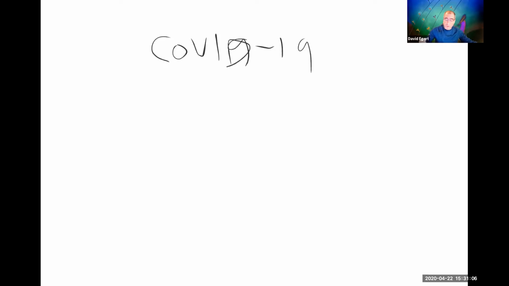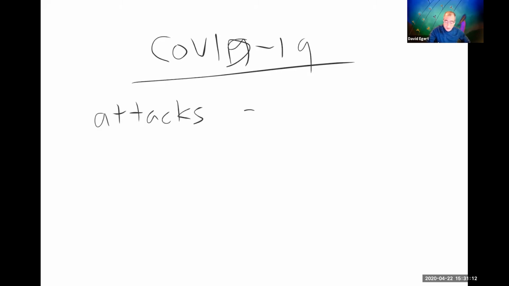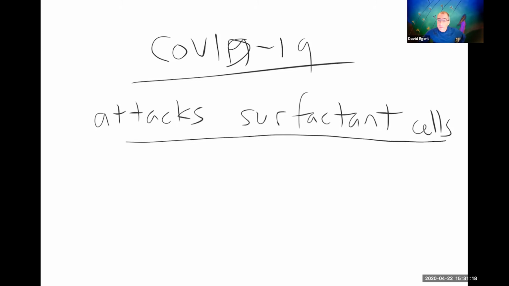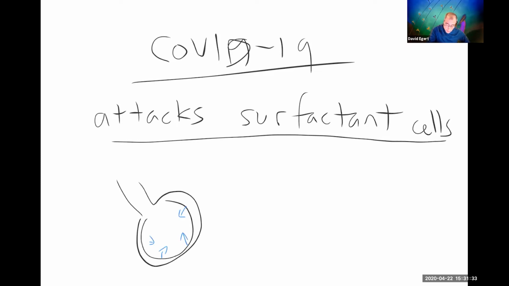We already mentioned last class that this attacks your surfactant cells. Surfactant is necessary because normally in your alveoli, the surface tension of the water is trying to collapse the alveoli.